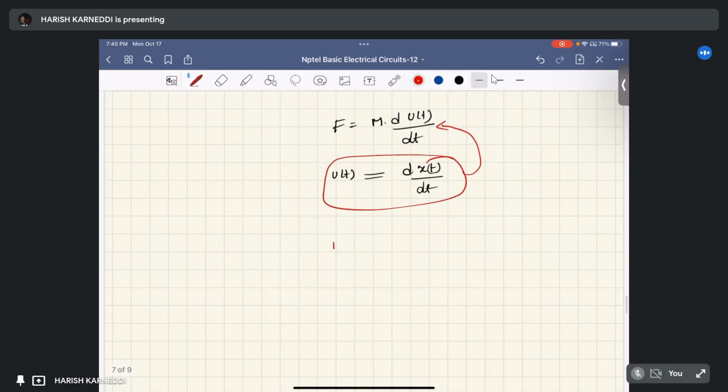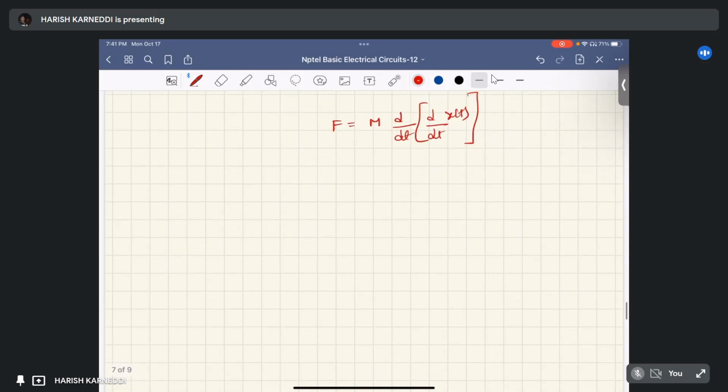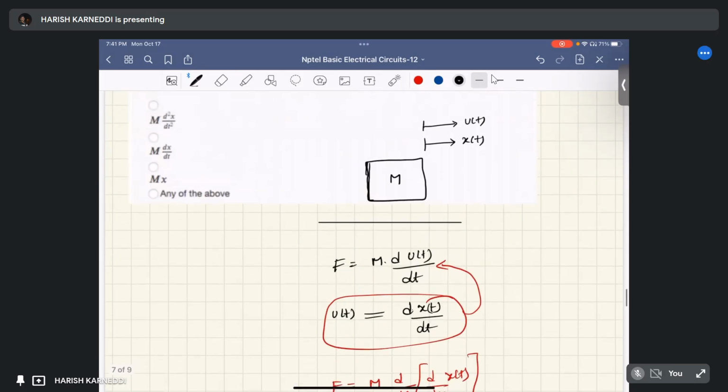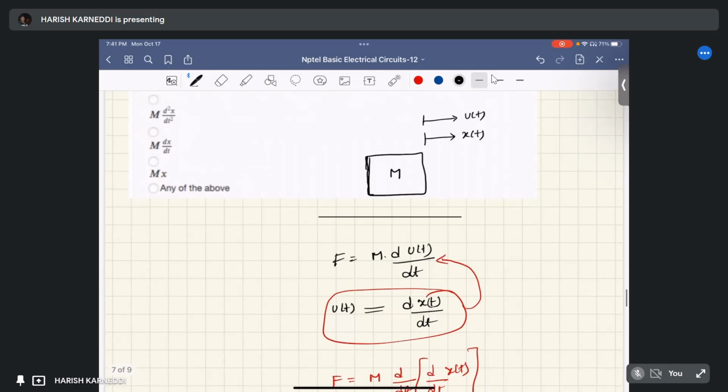So the force will be F equal to m d/dt of x(t), which is F equal to m d²/dt² of x(t), that is m d²x/dt². Option A.